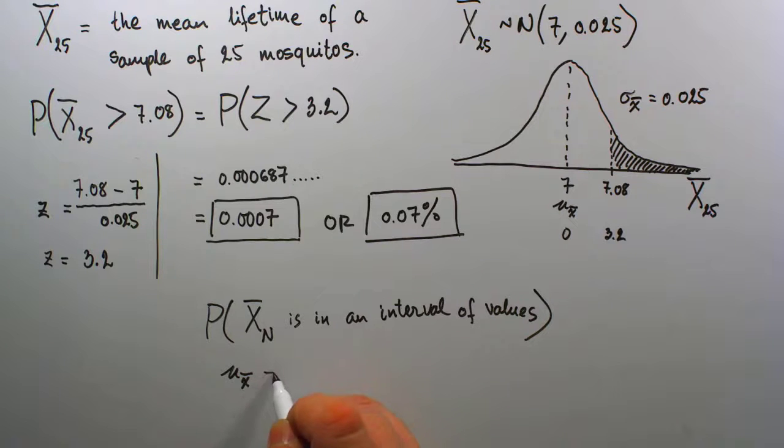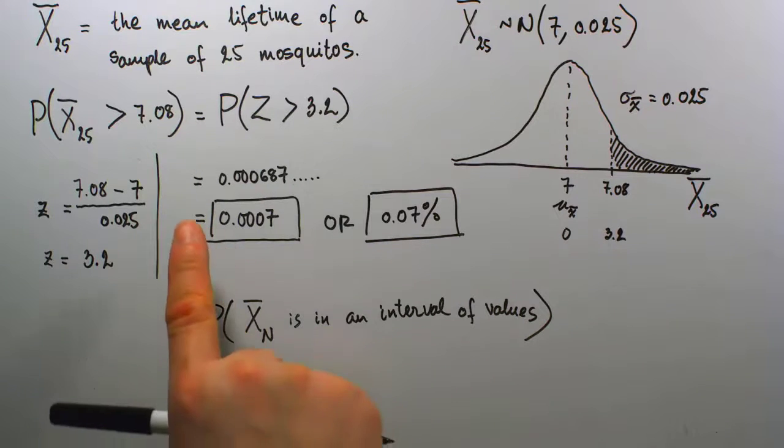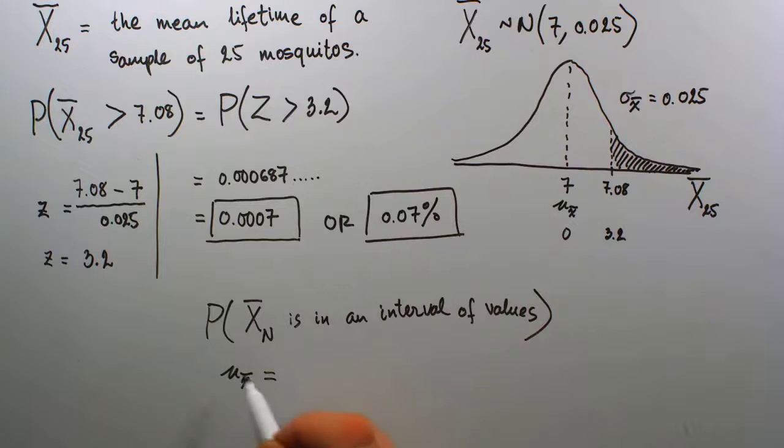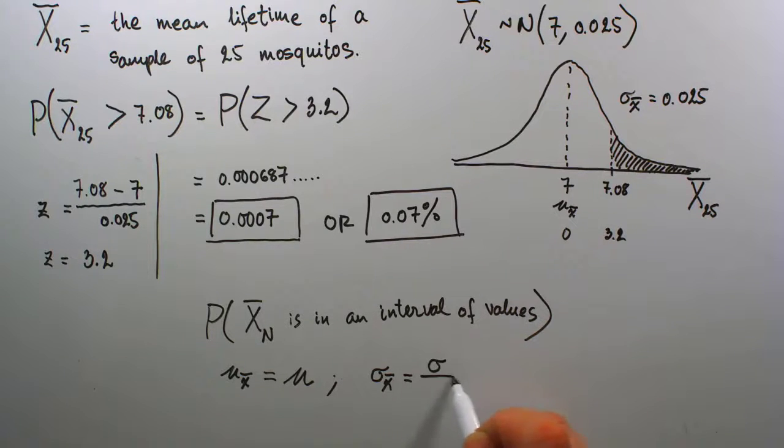What's valuable about the steps we have learned is that mu x bar will always equal mu, the known population mean from the beginning population. We will always know how to calculate sigma x bar, the average spread on this sampling distribution, by following the formula sigma divided by the square root of n, our sample size capital N.